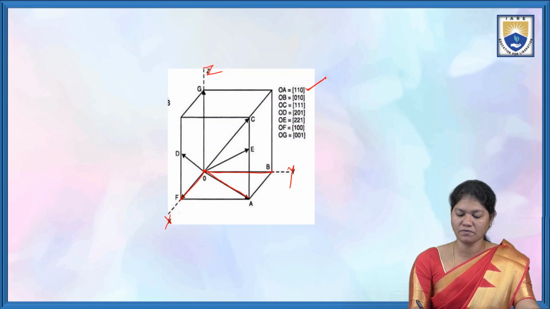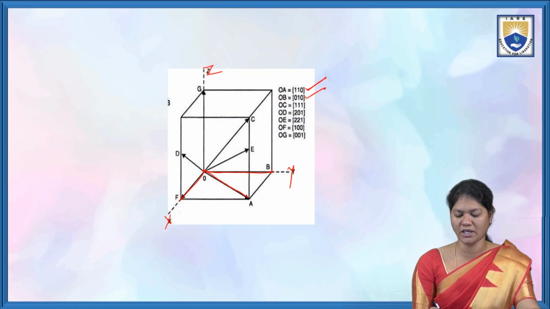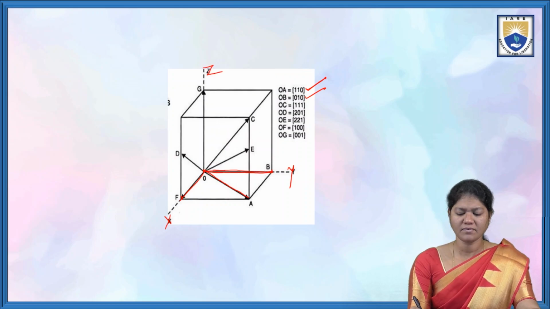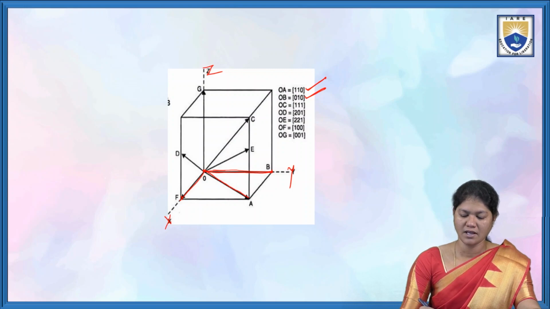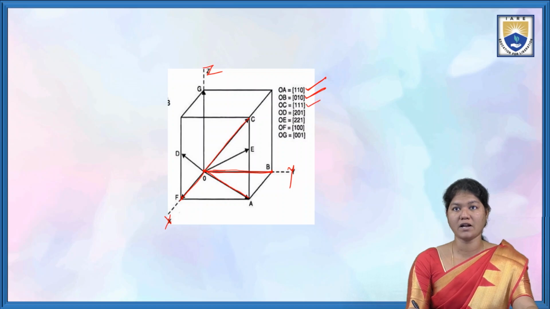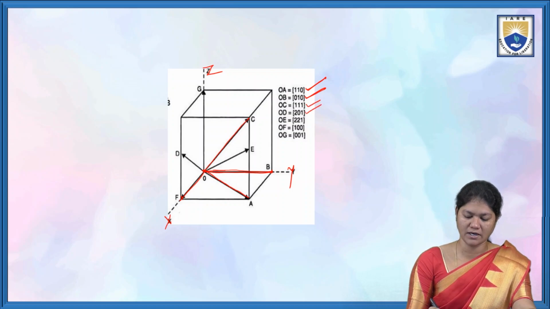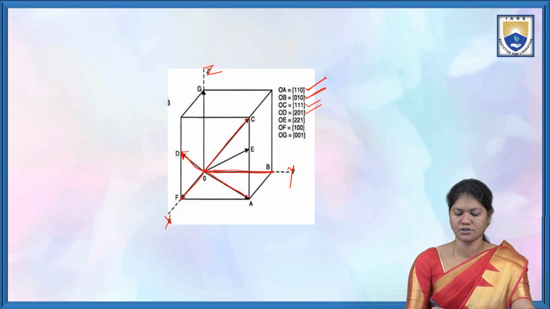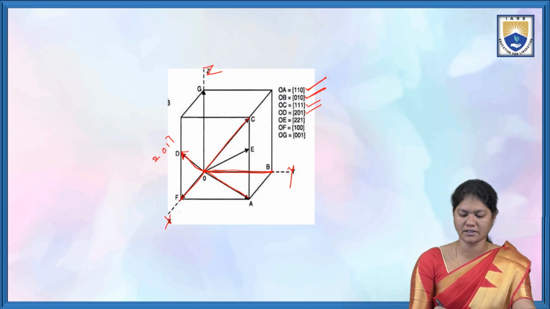Similarly, for the direction of OB, at B we have the intercept, so OB is 0, 1, 0. In the OC direction, it is 1, 1, 1. OD is 2, 0, 1.